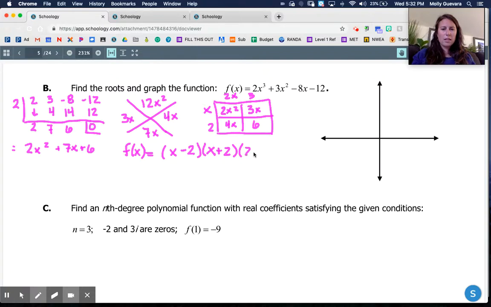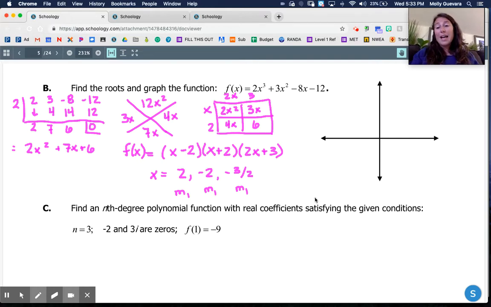And the last one is 2x plus 3. So this tells me that I have x-intercepts at 2, at -2, and at -3/2. And all of these have a multiplicity of 1, which also tells me that they are going to just cut straight through, no bouncing.